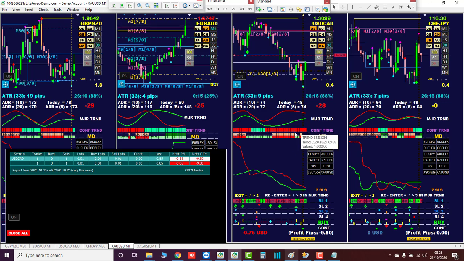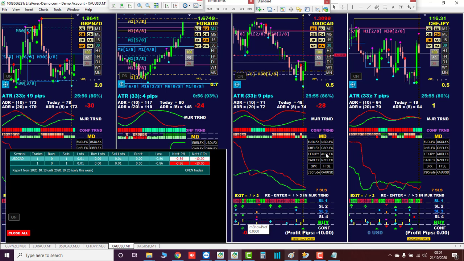Before it was all red, but now it's turning to green. Since I have 5 against 7, I think it's best I come out with a small loss of about 10 points, which is about 8 cents.